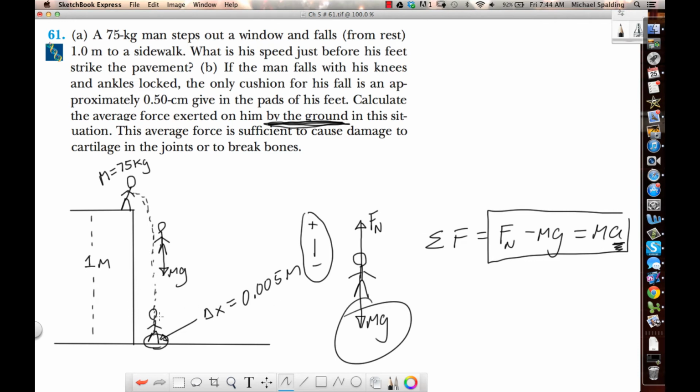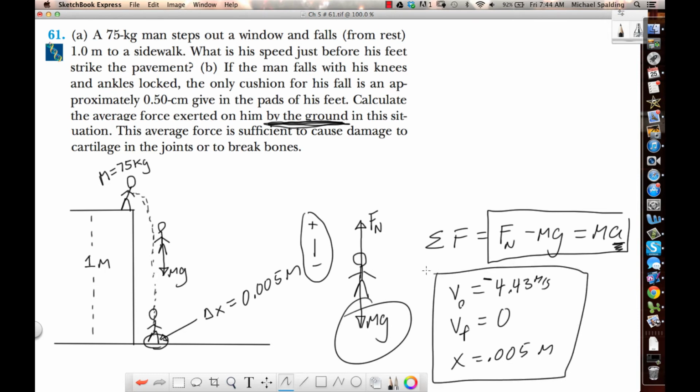Yeah. What's his initial velocity right before he hits the ground? 4.43 negative. Why negative? He's going down. What's v final? 0. And then what's the stopping distance? 0.005. That's enough to get the acceleration, right? And then you could solve for it that way.